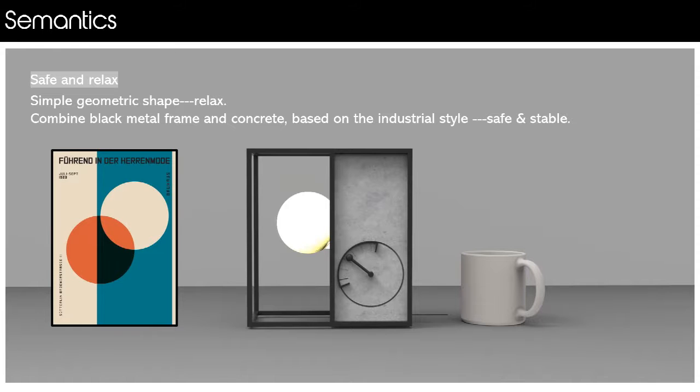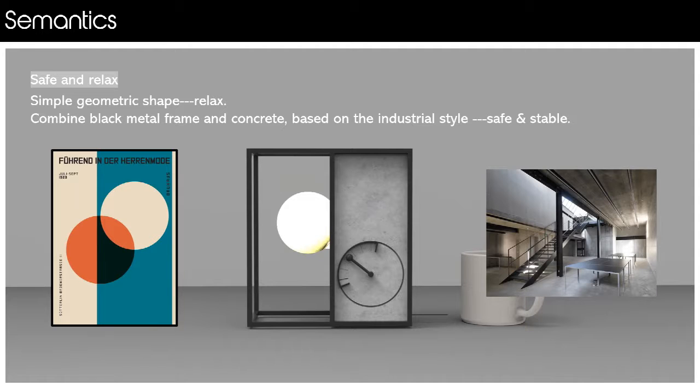The simple geometric shape is used, after being inspired by this poster. And based on the industrial style, I combine the black metal frame and concrete to give people a feeling of safe and stable.